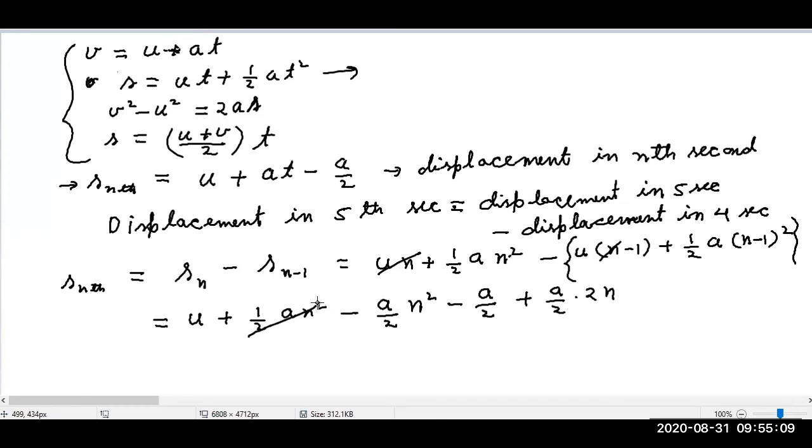So this term and this term get cancelled and we are left with u plus an minus a by 2. Here I have written t, but if you are writing n, we should write n instead of t. So this is the formula for nth second.